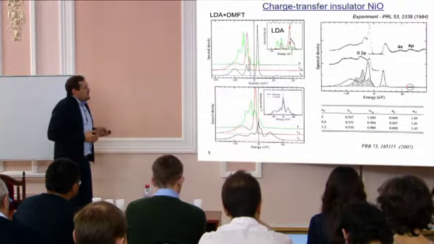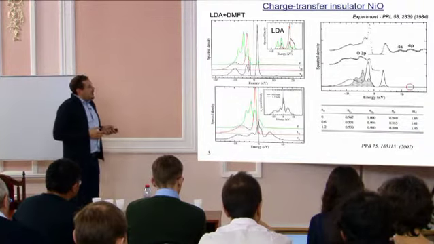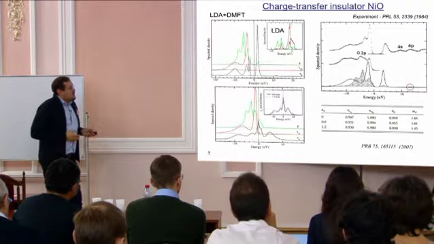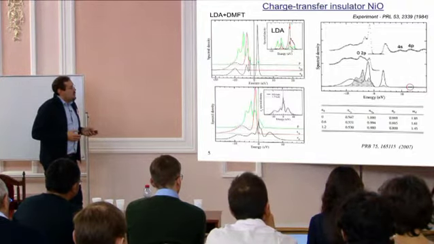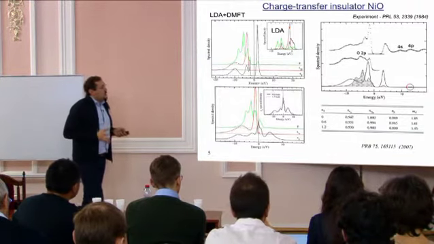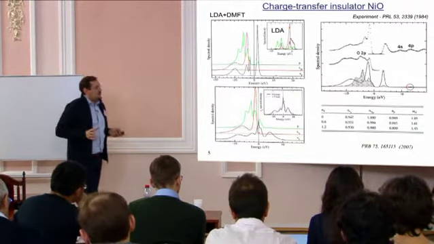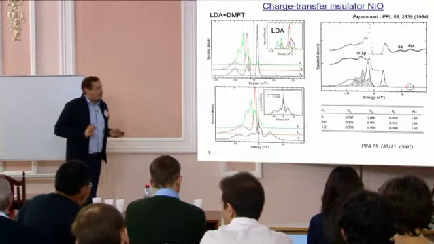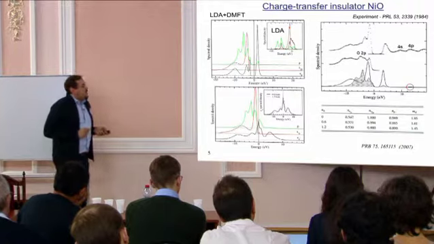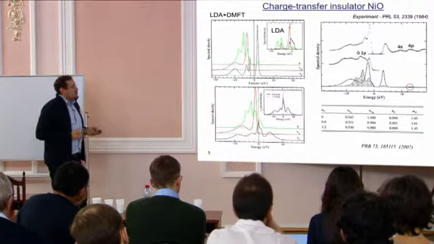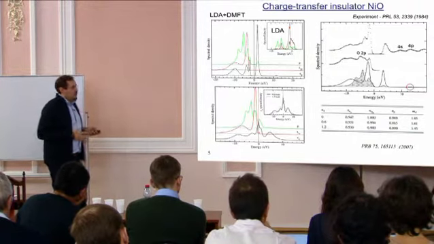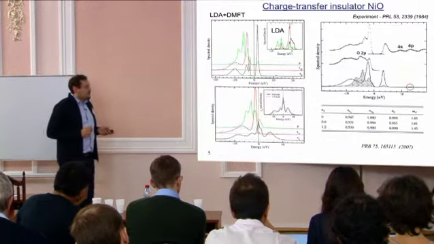It finally gets to a situation where the states just at the Fermi level or nearby are also formed by oxygen 2p states and nickel 3D, in particular EG states. This situation is seen in the experiment and cannot be reproduced by LDA plus U and many other methods.